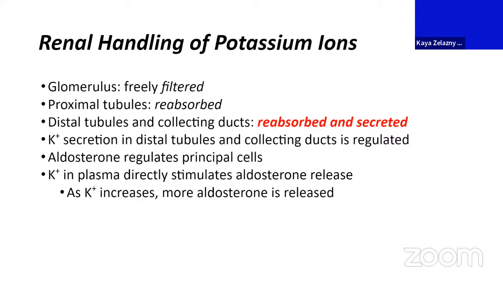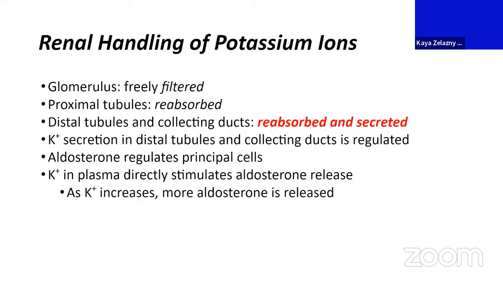Okay, so aldosterone is regulating specifically the principal cells in the distal tubules and the collecting ducts. It's just a type of cell. Okay, so when you have potassium in the plasma, if you have extra potassium in your blood, that tells your body to directly release some aldosterone, right?